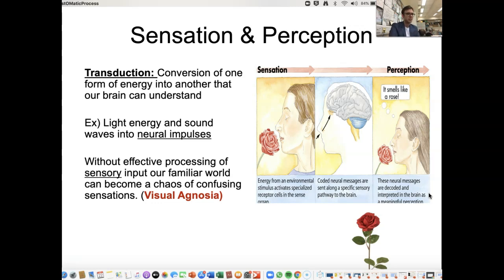So how does this happen? It happens through our sensory organs, our sensory receptors, in which we detect stimuli in our environment. In this case, we're going to be using the sense of smell. It's called chemoreception, which you don't need to know, but it's the sensation process of using our smell. In this example of sensation, the environmental energy that we're going to be referencing for transduction is odor molecules.